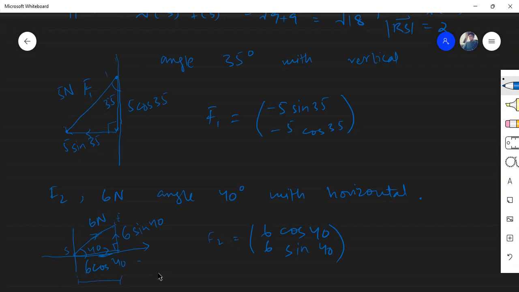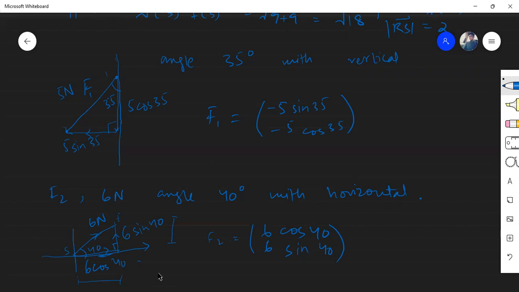Similarly, in the y component, we need to find the vertical distance. We know the magnitude of this vector is 6 newtons, and the angle it makes with the horizontal is 40 degrees. That is all that is given to us.